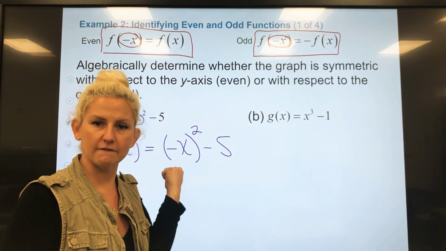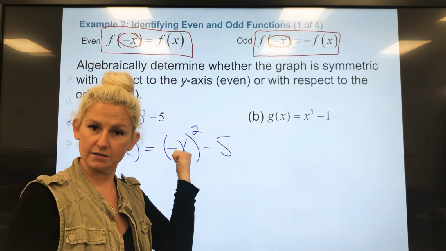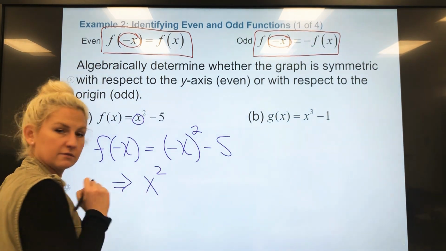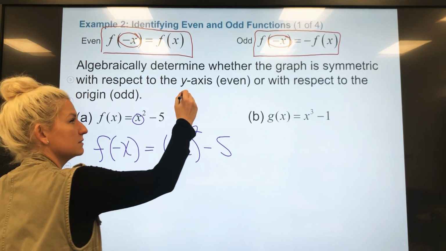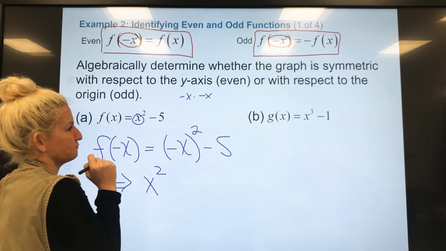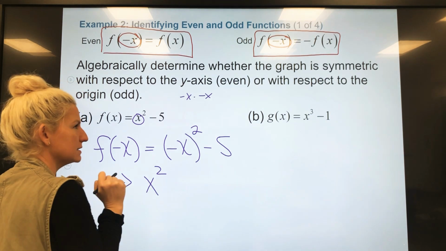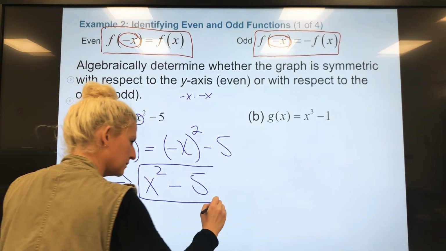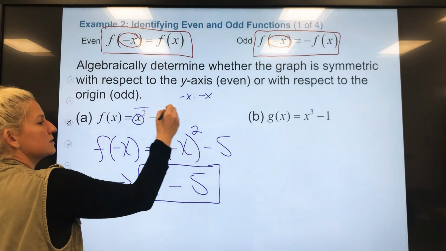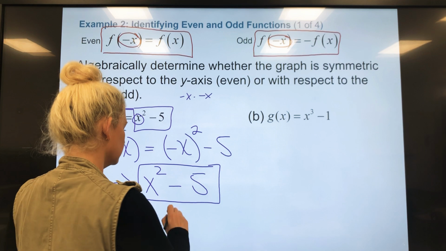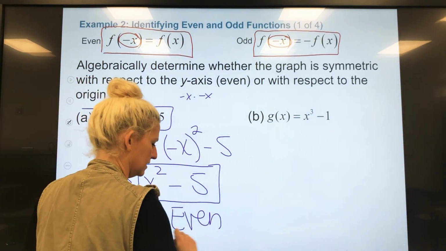If I have a negative x times the negative x, isn't that positive x squared? Right? So that's positive x squared minus 5. You see how I wound up with x squared minus 5, which is the same exact thing the original function was? So that's how you know that this is an even function.